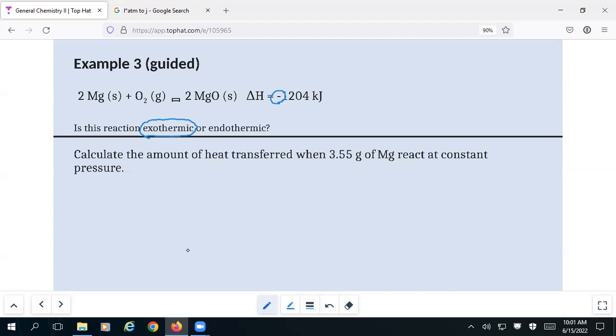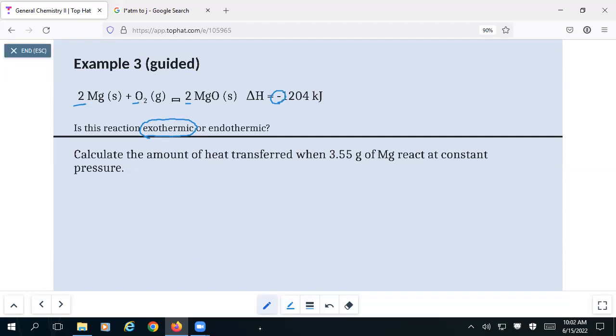Okay, this one's actually not that bad, because now we're going back to our days of stoichiometry. All we need to do is a conversion, because this balanced chemical equation follows the rules of stoichiometry. Every 2 moles of magnesium will give us 1204 kilojoules of energy.